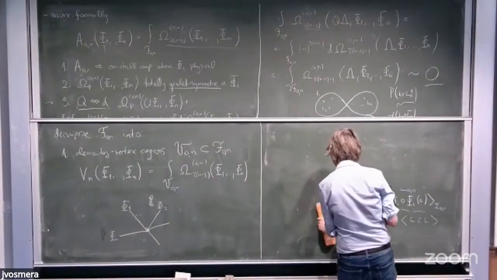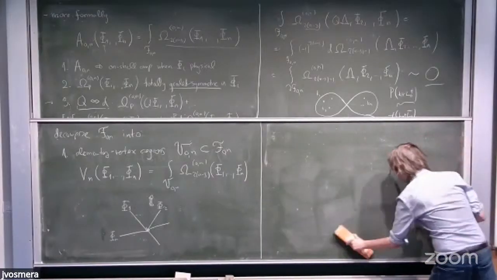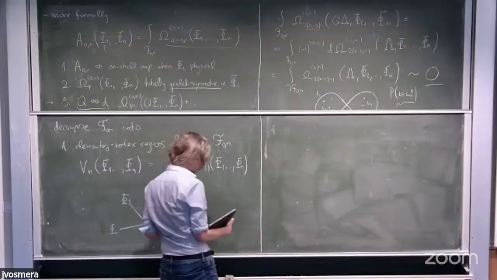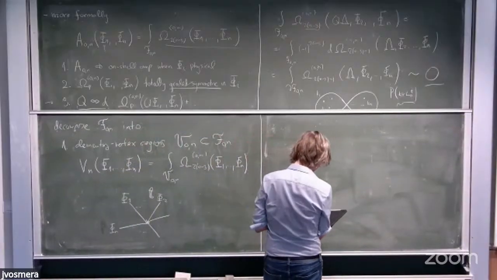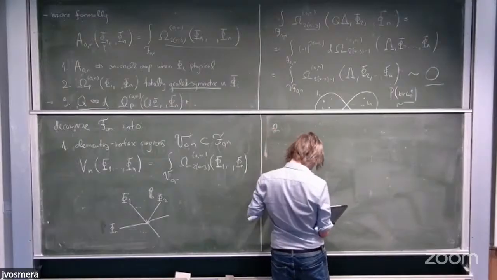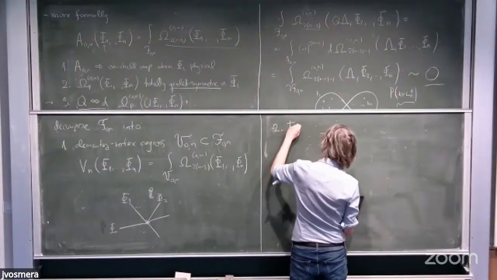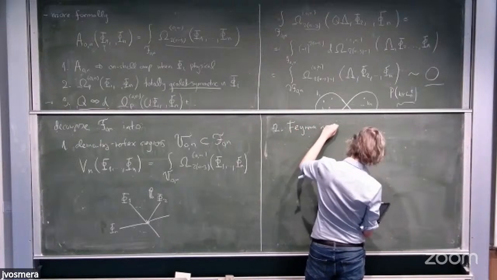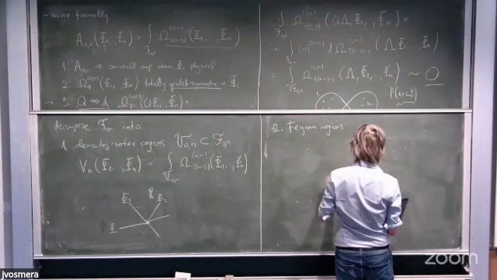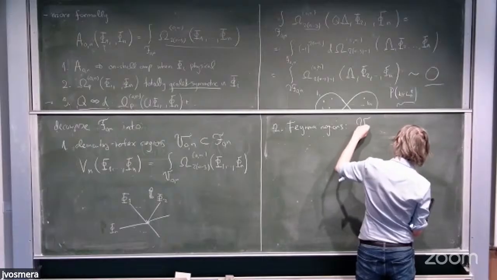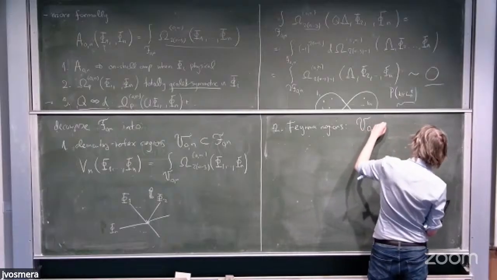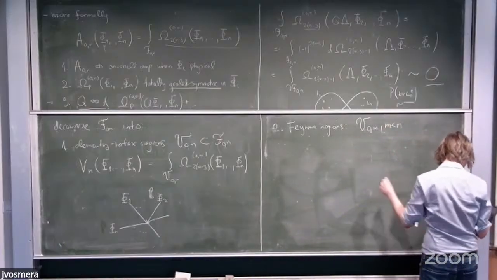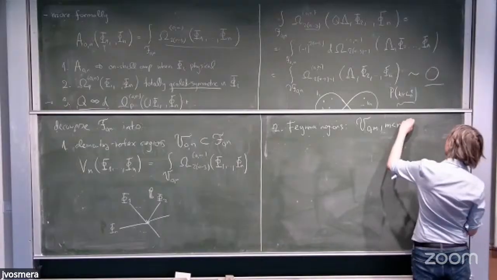So the second kind of region into which we need to decompose this plane of F0 will be precisely the regions which are covered by the propagators. And these we call the Feynman regions. So these will be covered by elementary vertices V0M, where M is strictly less than N, so vertices of lower order than the number of punctures of the amplitude which we are trying to compute, plus propagators.